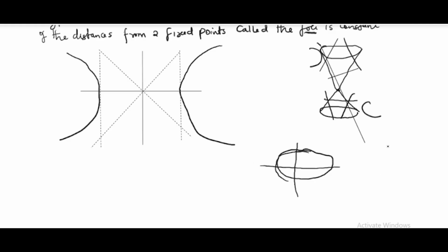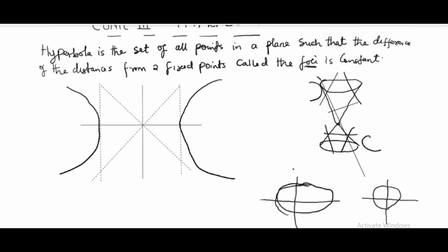So now for this ellipse, it's just like two curves coming together. Look at this curve. Look at this curve. Do you get it? So an ellipse is just like two curves coming together to form a shape.